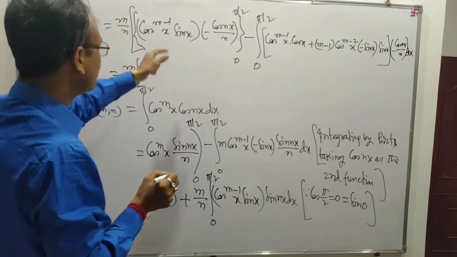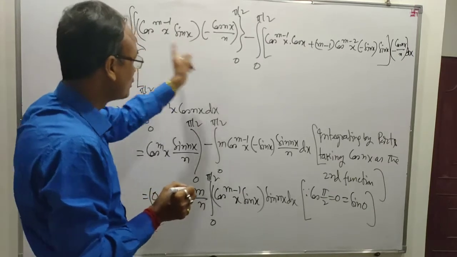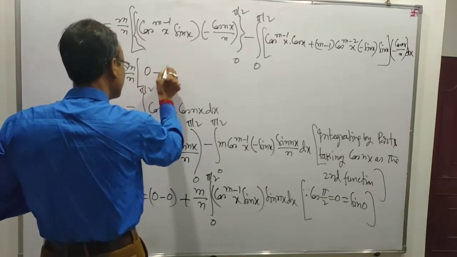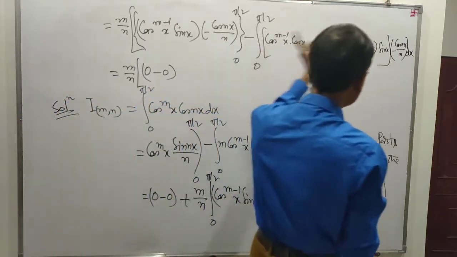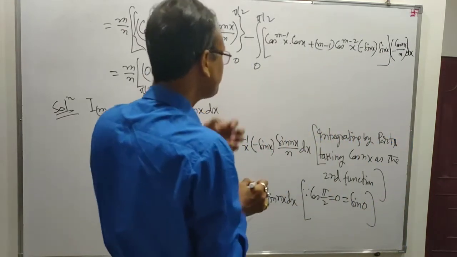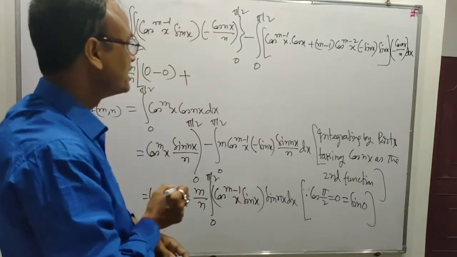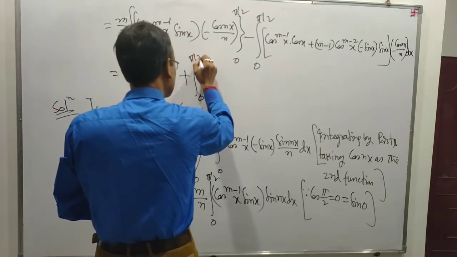You see, it will be cos pi by 2. Cos pi by 2 means 0, sin 0 equal to 0, therefore it will be 0 minus 0. Now, this is a minus sign, it is also a minus sign. We may write here plus.